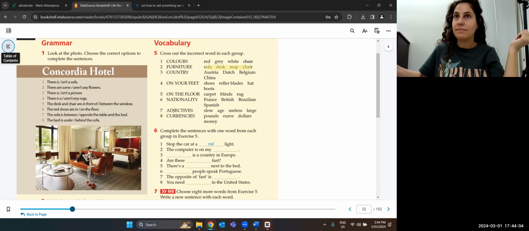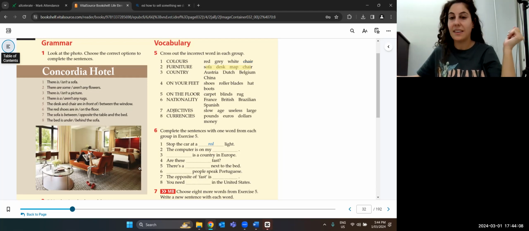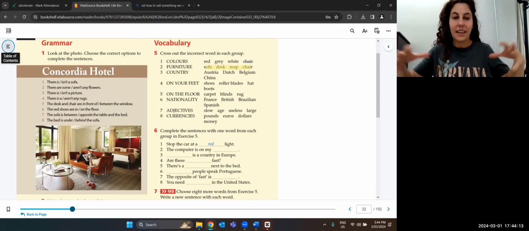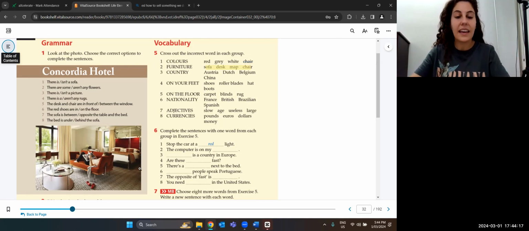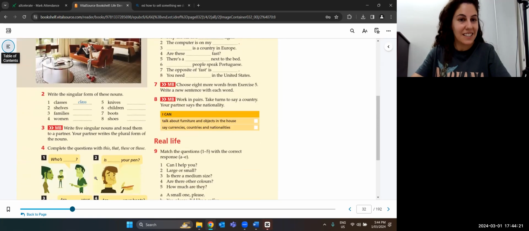There's a gelati shop next to the bank. So you could even show where places are in their location. If you're walking down a street, any objects in any place. Okay, it's a good example.